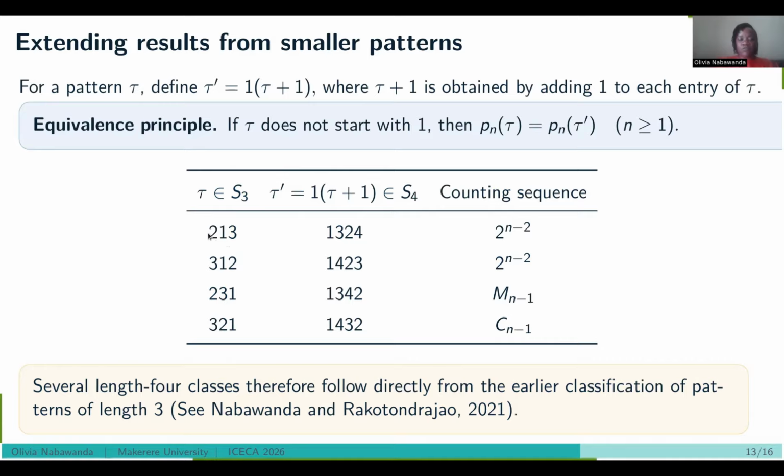And we observed that, for example, patterns 213 and 312 of length 3 had the same counting sequence, that is a power of 2. And also these two patterns of length 4 had the same sequence. And we observed that for all those patterns of length 3 which don't start with 1, when you insert a 1 at the beginning of each and then reorder the rest of the elements to get these patterns of length 4, the counting sequence will always remain the same. So this also led us to more Wilf equivalence classifications.